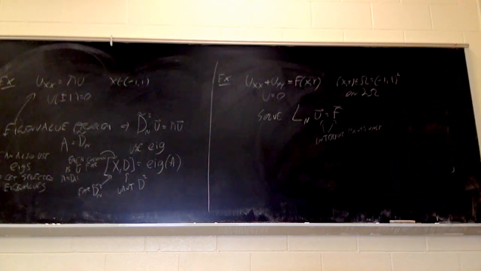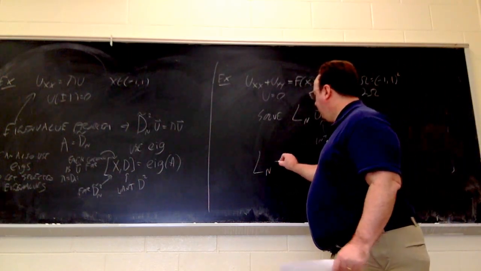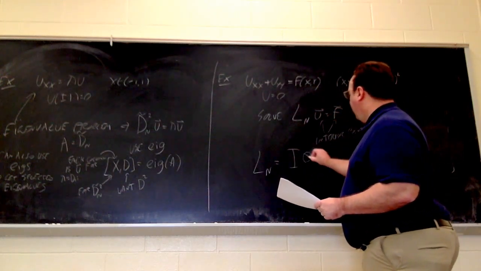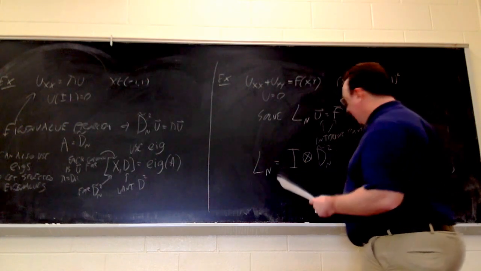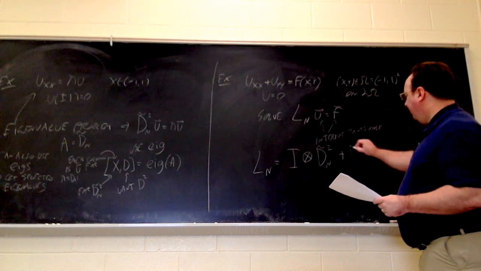We're not dealing with boundaries, since we know u is 0 on the boundary. Where the matrix Ln comes from taking the identity matrix Kronecker product with dn tilde squared from previous examples, and then we go the other way.